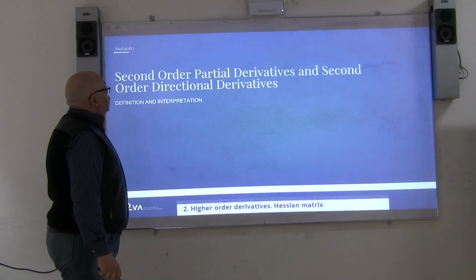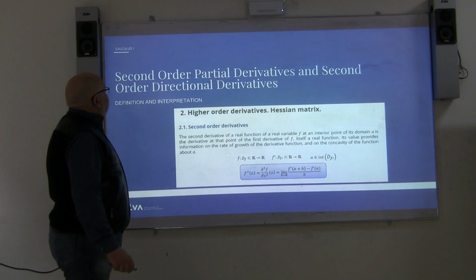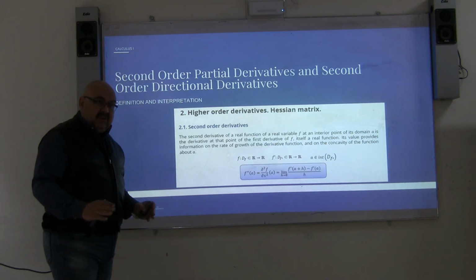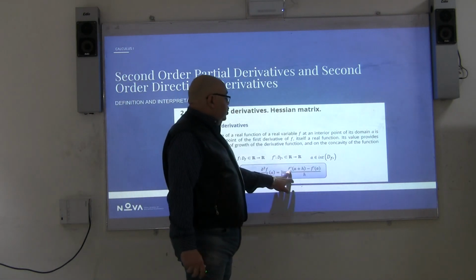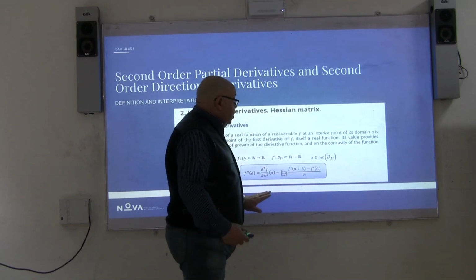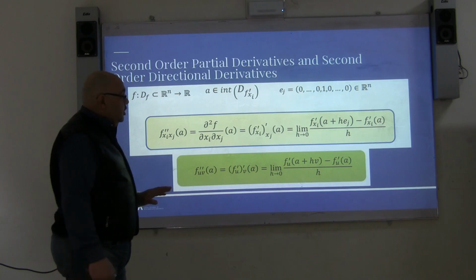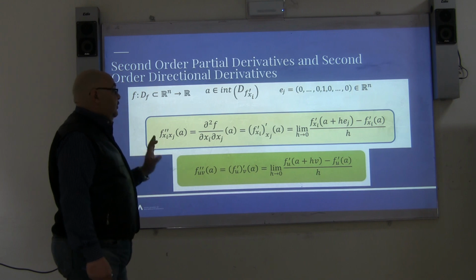I want to talk to you now about the second order partial derivative and the second order directional derivatives, which follow exactly the same rules, but instead of dealing with the main function, I will be dealing with its derivative. So it's the same rule, but instead of using the first function or the main function, I will apply the rule using the derivative of this function.